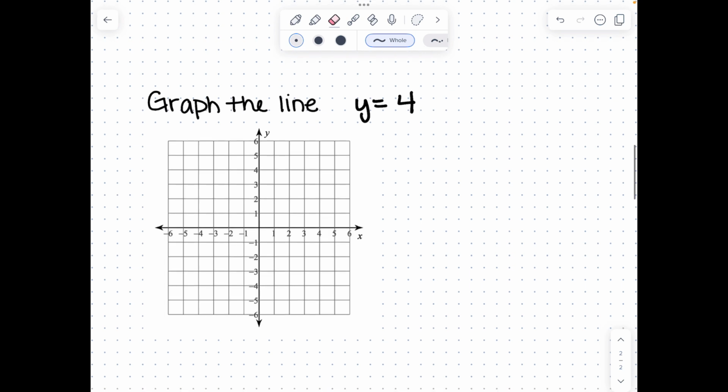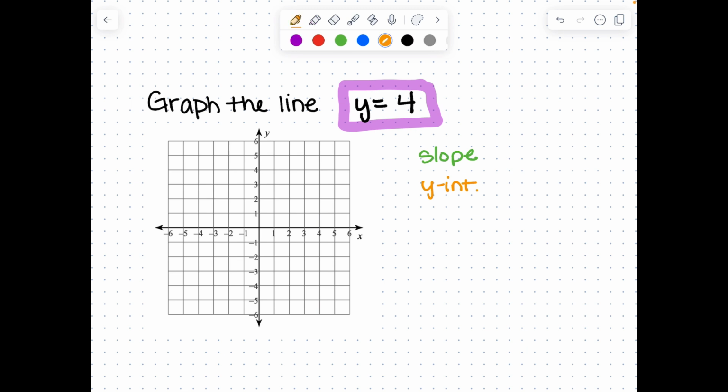Now, if you watched my videos on slope, you've already seen an equation that looks like this. So we're going to graph the line y equals 4. Now remember, our first goal is to identify the slope and the y-intercept. But this doesn't really look much like slope-intercept form. We have to think about, if this is y equals 4, what does that actually mean?